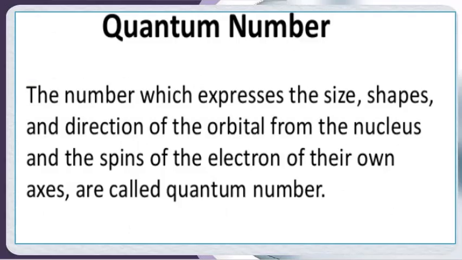Quantum numbers are defined as the numbers which express the size, shape, and direction of the orbitals from the nucleus, that is the orientation of the orbitals in space around the nucleus, and the spins of the electrons. These quantum numbers tell about the address of an electron, that is where it is located within the atom.